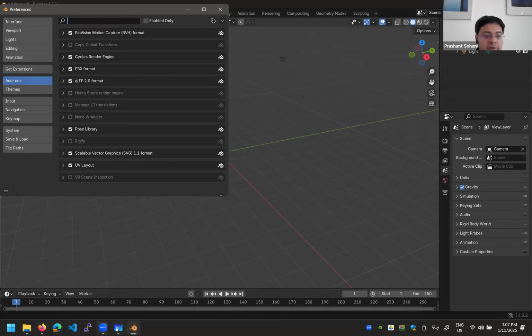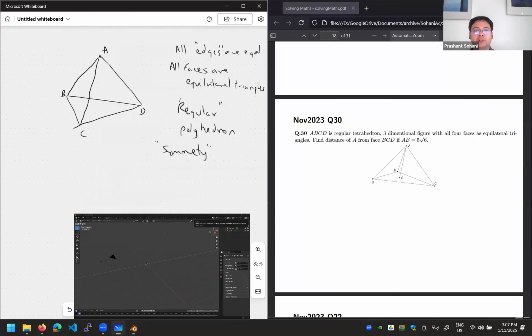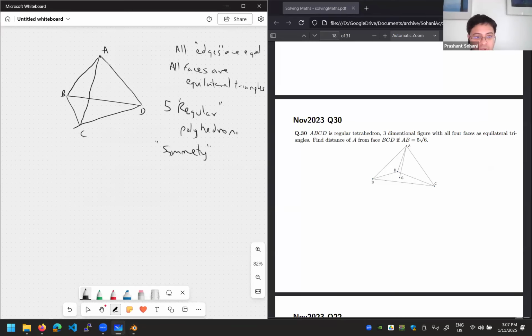Oh, I thought I had that. Anyway, maybe next time I'll show you. There are a total of 5 regular polyhedrons, and all of them have very interesting properties. And so the important thing is symmetry.